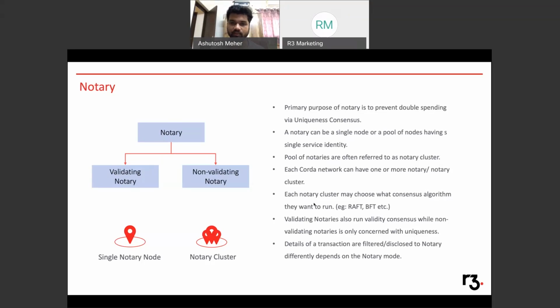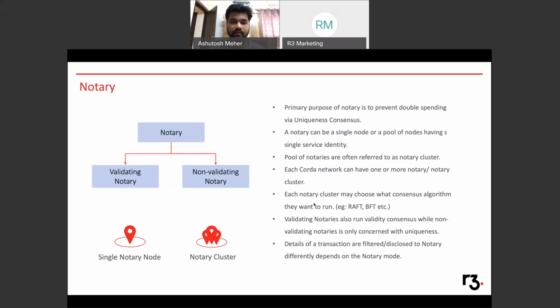It's like a filtered Merkle tree, and it only has visibility of the few pieces of information that are really required to validate whether the transaction is a case of double spend or not.